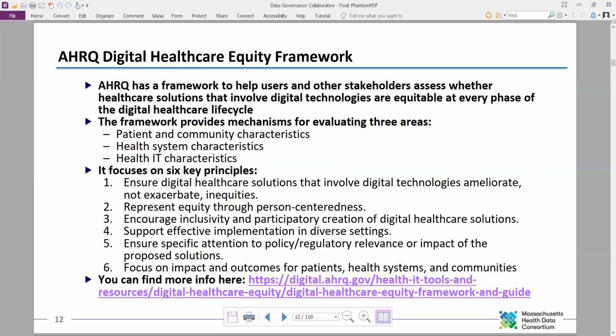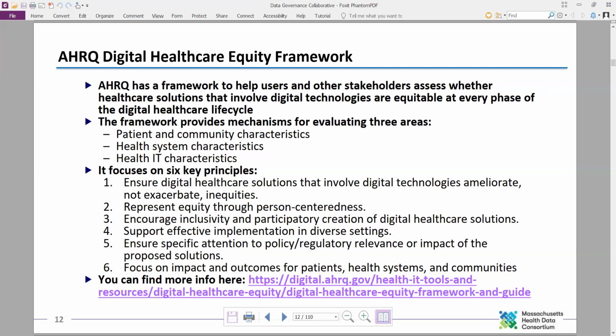It's broken up into three different areas to evaluate. One of them is your patient and community characteristics, so basically understanding the demographics that underlie equity. The next one is your health system characteristics, and then the health IT characteristics.